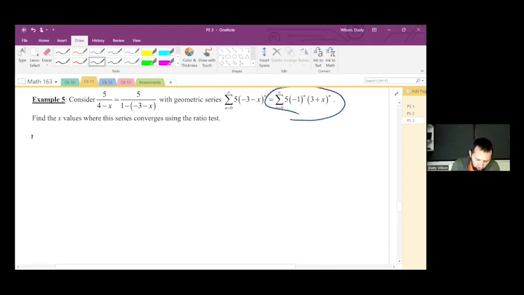So we're going to use our ratio test. And so when we use our ratio test, we're going to look at the limit of the consecutive terms.